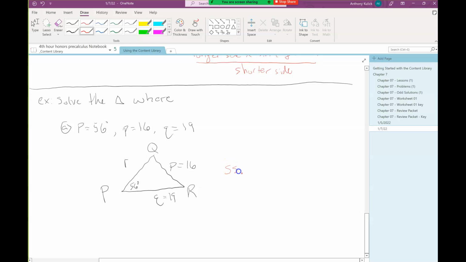This is side side angle, which tells me we're going to be using the law of sines to do this problem. But in the side side angle situation, we have to check a couple of things first to figure out even if this problem is possible, or how many triangles we're looking for if it is possible. So the first thing I'd want to do is check the size of the given angle.